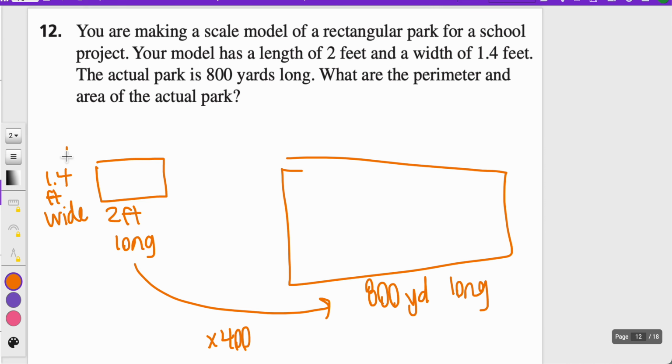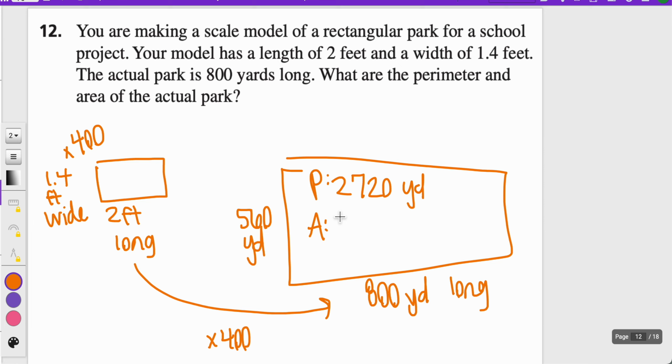So 1.4 times 400 is 560. So then it becomes a lot easier to find perimeter. Your perimeter is 800 and 800, 560 plus 560. We get 2,720. And then for area, 800 times 560 is 448,000 square yards.